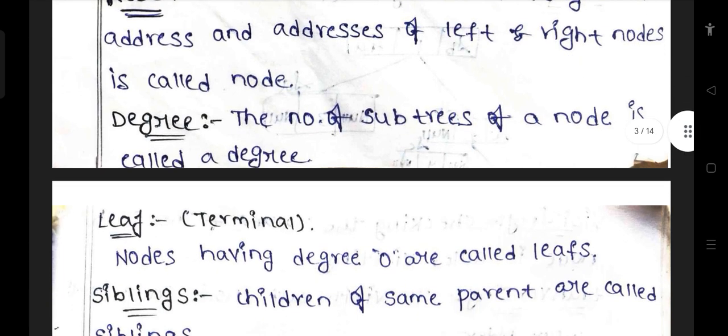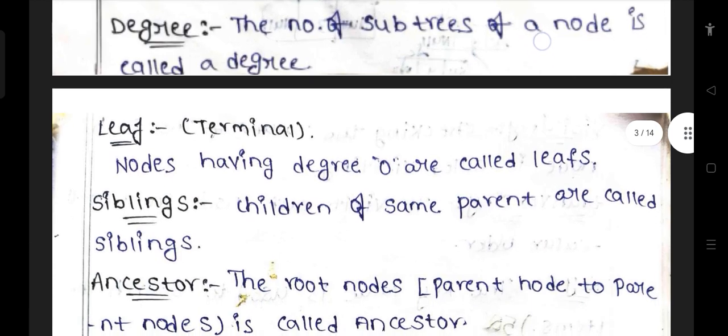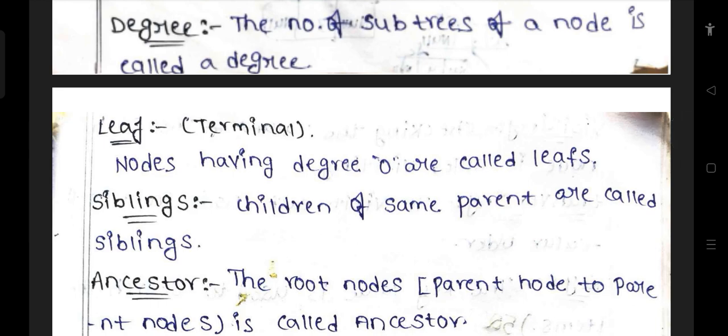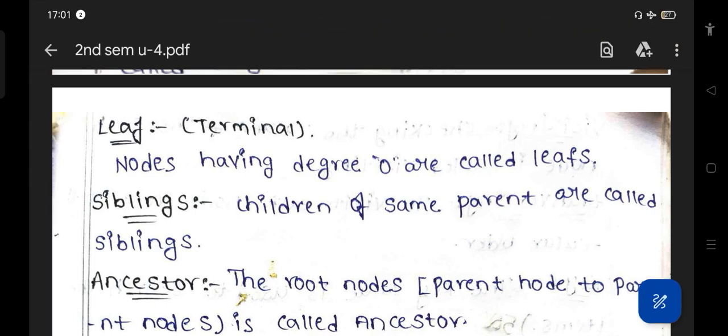And degree: the number of subtrees of a tree is called the degree. A leaf is a node having 0 degree. So a leaf indicates a node which has no child node.